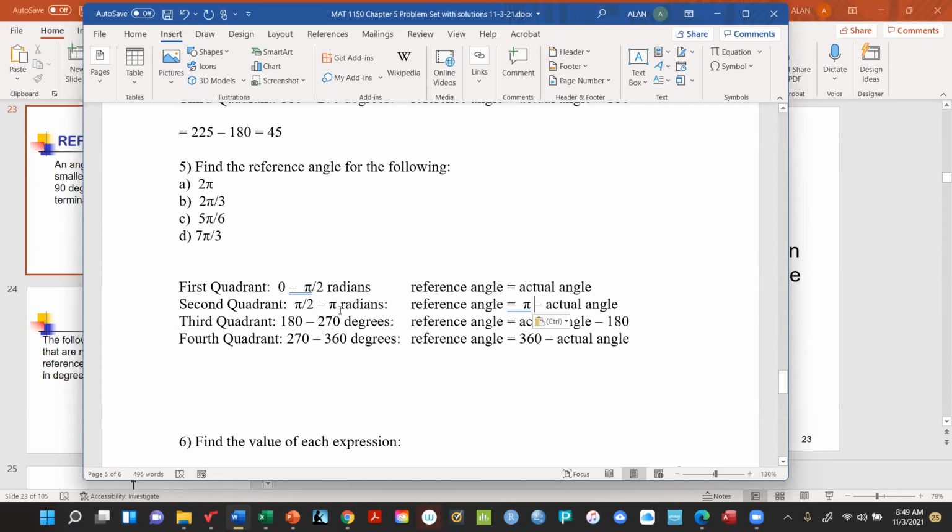And now 180 to 270 is everything from pi to 3 over 2 pi radians, that is. And so actual angle minus pi, 180 becomes actual angle minus pi. And then finally here we have everything from 3 pi over 2 radians up to 2 pi radians, that is. All right.